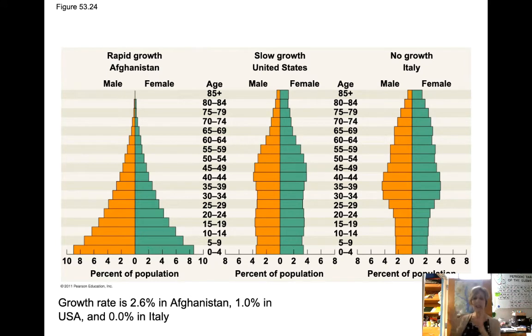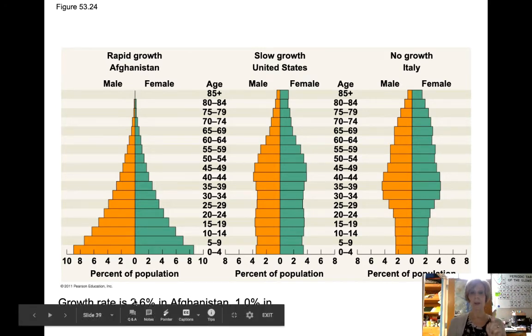So if you look at each country, look at the demographics in these histograms of different countries. And I can see the population growth in a country like Afghanistan that has a very young population, their population growth rate is 2.6.